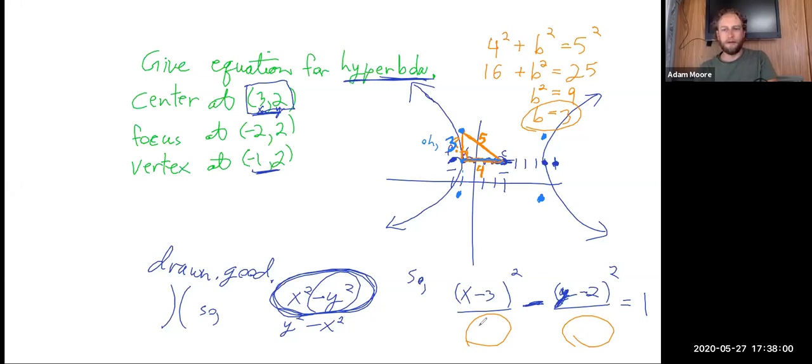Down here for the X part, we'll say that's 4 squared. And in the Y direction, we didn't know that at first, but now we figured it out. The up part is 3. So the Y part is 3 squared. And now we're done. Now we have our equation. I think I got it figured out. It was x minus 3 squared minus y minus 2 squared over 4 squared and 3 squared equals 1.